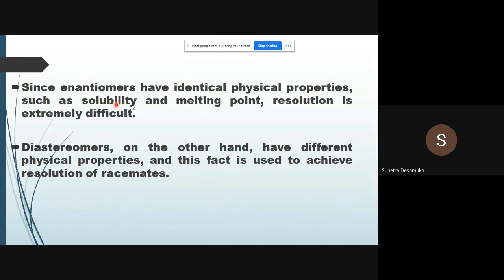Enantiomers have identical physical properties such as solubility and melting point, so resolution is extremely difficult. Why is separation of enantiomers difficult? Because they have identical physical properties. If we consider the R enantiomer and S enantiomer, they have identical physical properties like solubility and melting point, so it is very difficult to separate them.